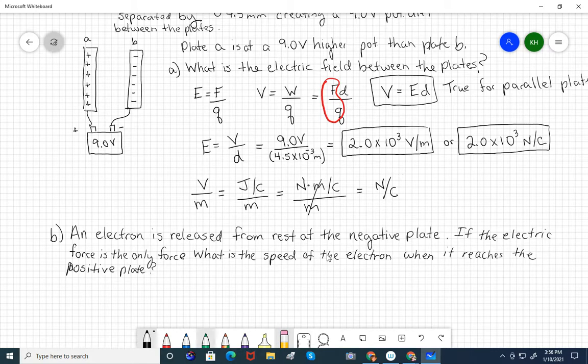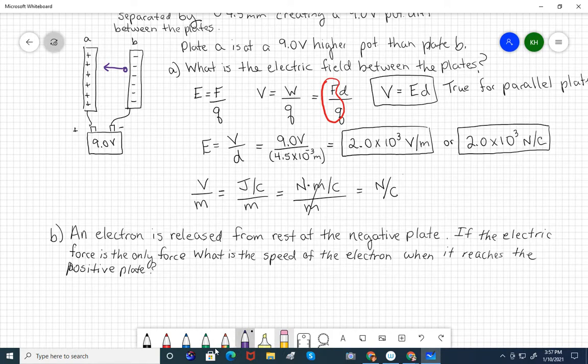Okay, so what's that look like? So we've got this little electron. Here, we'll put it over here. It's being released. There it is. It's a little tiny negative charge right there. And it's being released from the negative plate, and it's going to accelerate towards the positive plate. What an electron would do.